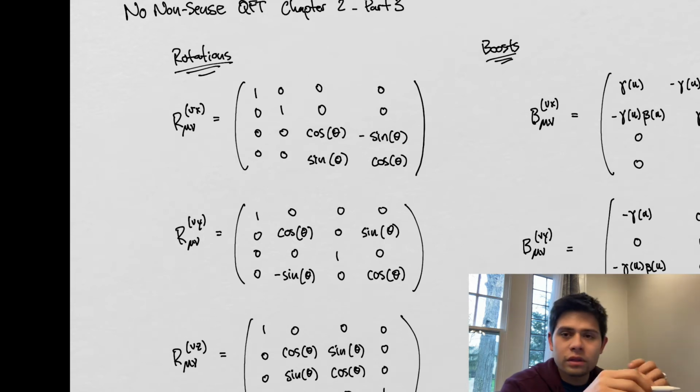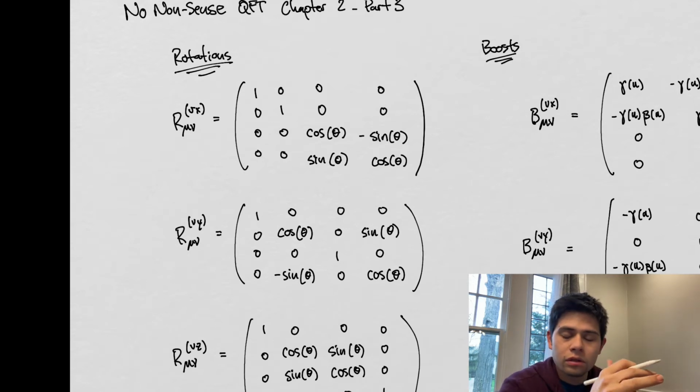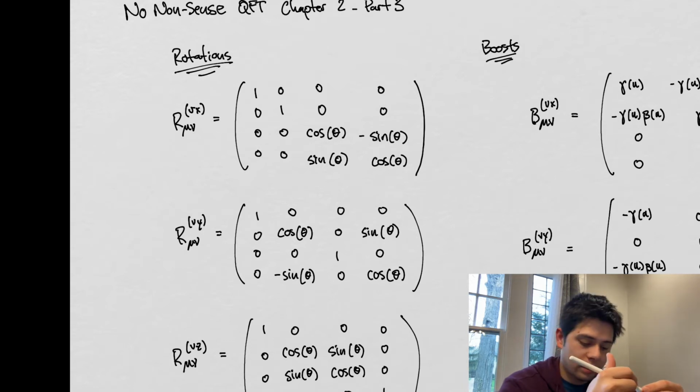And we also want them to look like something relevant, something that could be a reasonable physical transformed vector, right?